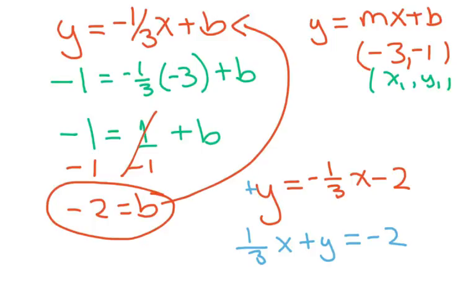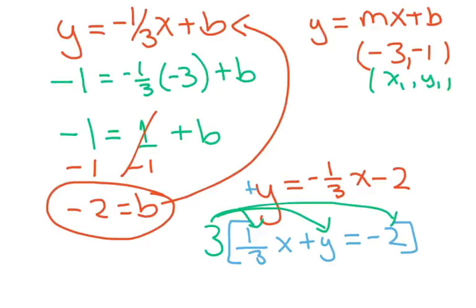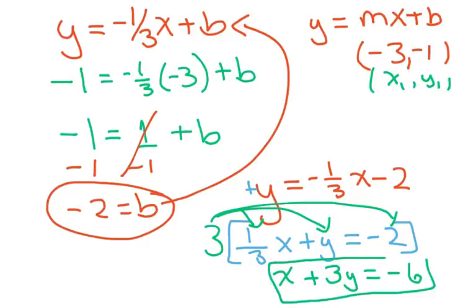Since I can't have a fraction for my a part, I'm going to multiply everything through by 3 and distribute the 3 by multiplying each term. 3 times 1/3 is just 1, so you get x. 3 times y is 3y. And 3 times negative 2 is negative 6. So there's my standard form. There's my slope-intercept form.